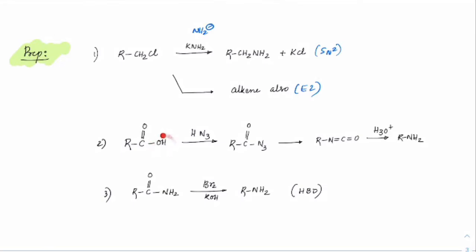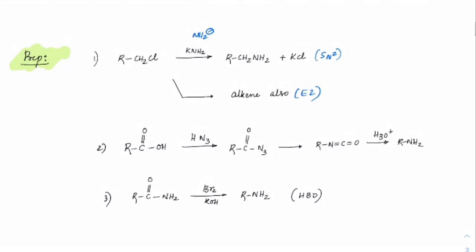Second, if you take acids and react that with hydrazoic acid, we have seen that H2O will be leaving, N3 minus will attack here, and we would get RC double bond O N3, and we have seen that RC double bond O N3 would exist this way, RC double bond O N minus N triple bond N plus.